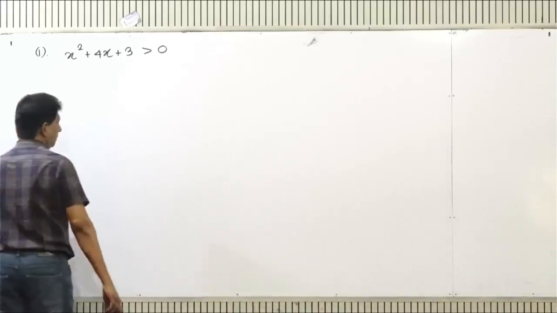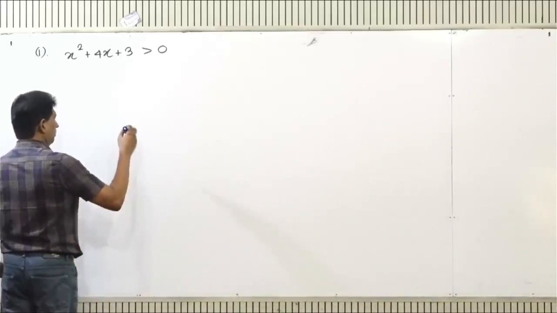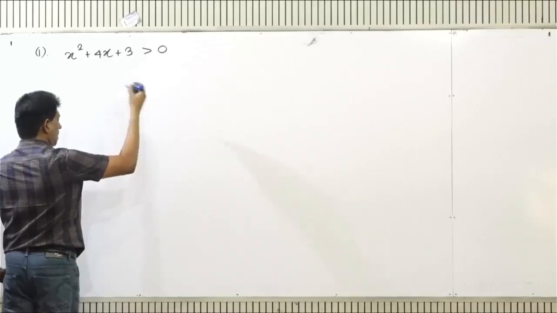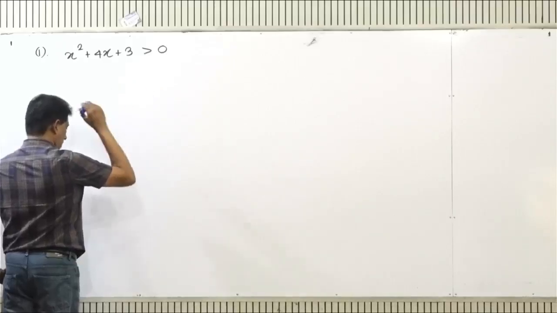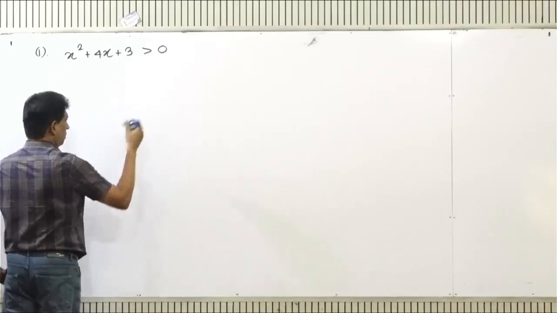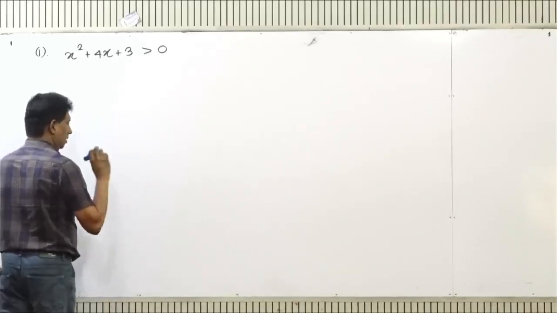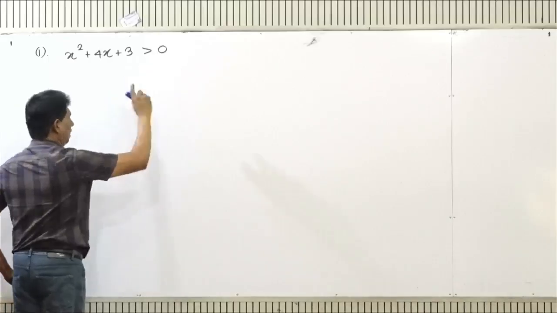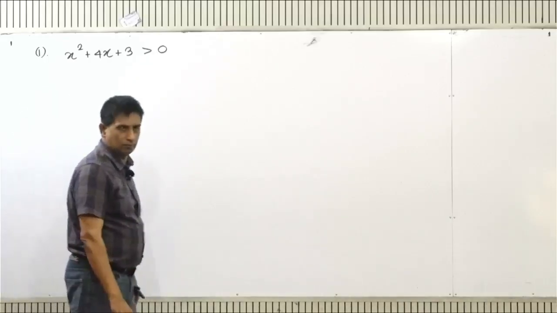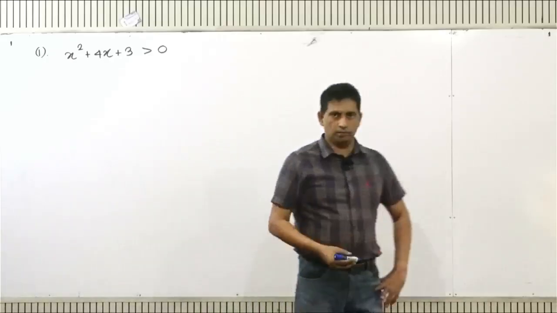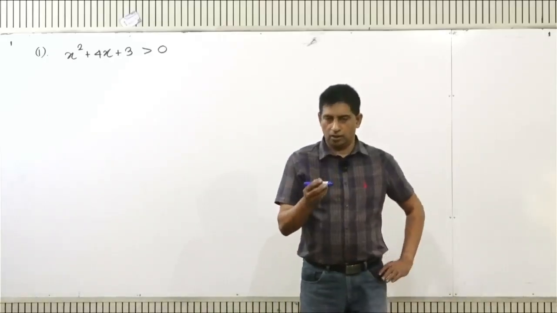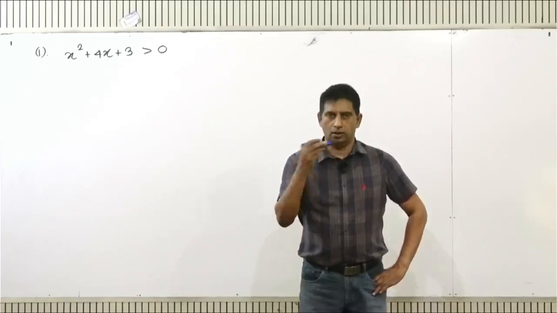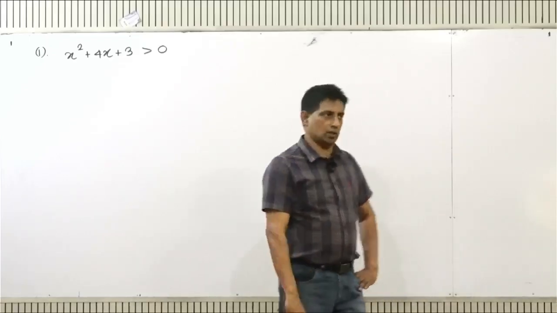First step, we have to make 0 on any side, that means left hand side or right hand side. That is the first step. In this example, it is already there, right hand side 0. Then second step, we have to find all the factors of the other side.